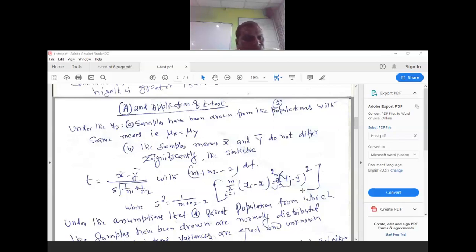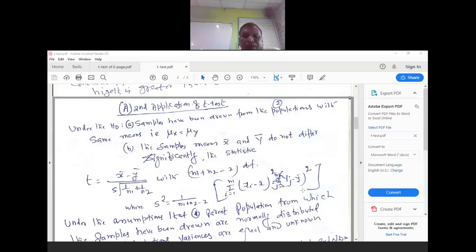Under this situation, your t statistic is t equal to x bar minus y bar divided by s under root 1 upon n1 plus 1 upon n2, with n1 plus n2 minus 2 degrees of freedom. Here x bar is the first sample mean, y bar is the second sample mean, and s square is the combined sample variance for both the first sample and the second sample.